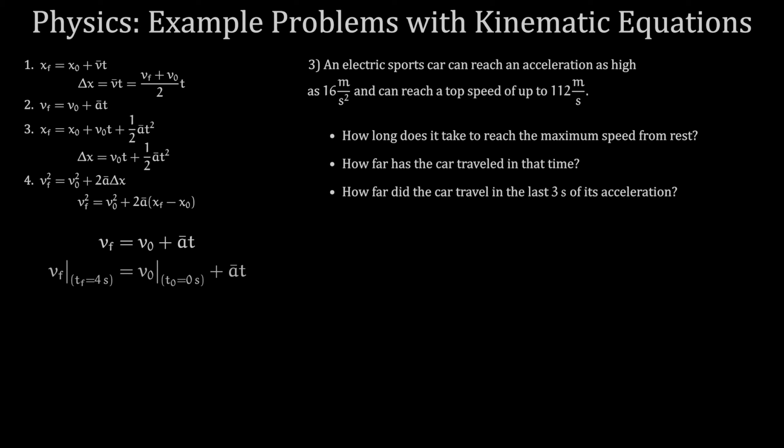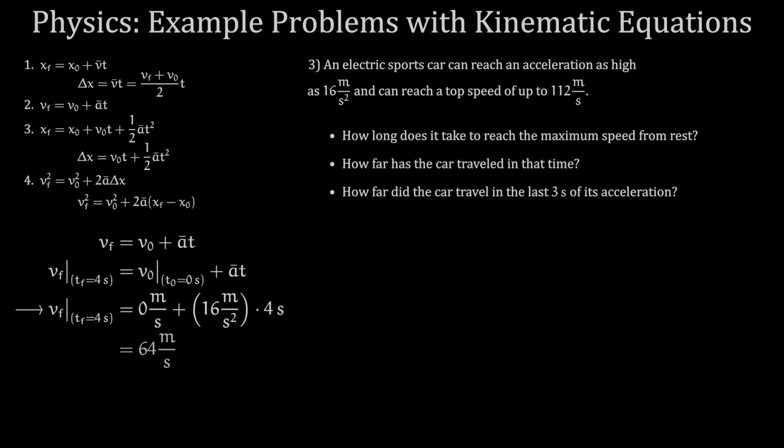In this window of time, the final velocity is the velocity at 4 seconds, the value we're looking for, and the initial velocity is at 0 seconds when the car is at rest. The duration of time in this window is 4 seconds, so that is our time variable. Plugging this all in, we find the velocity at 4 seconds to be 64 meters per second, or about 143 miles per hour.